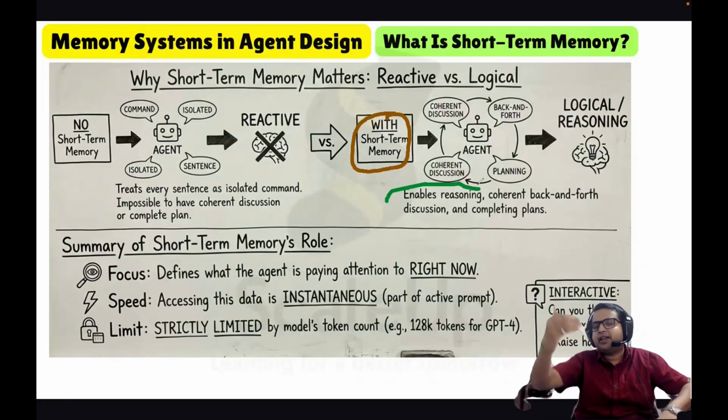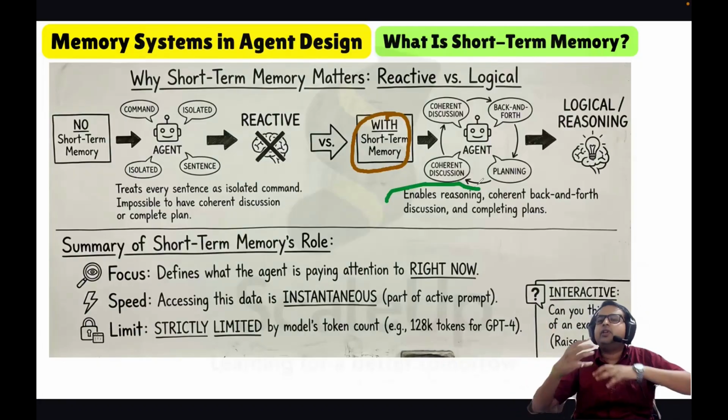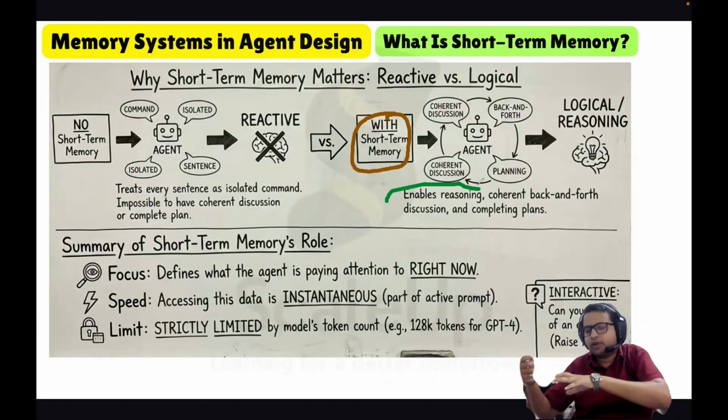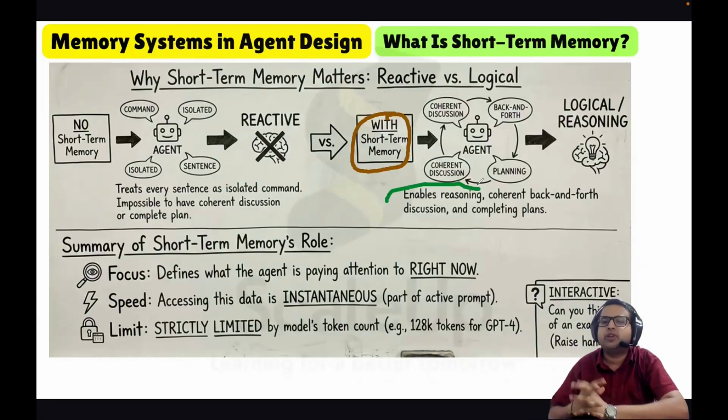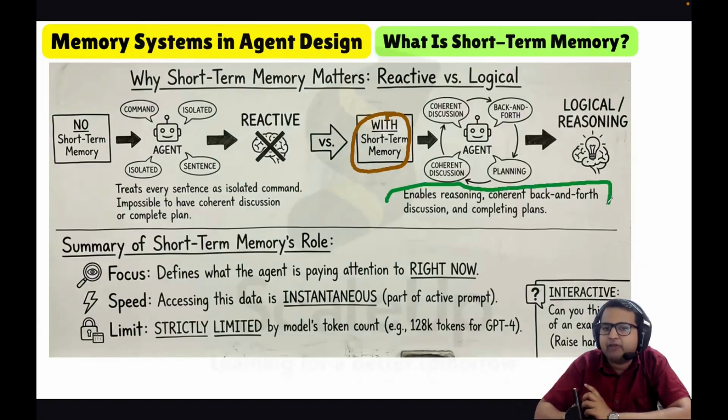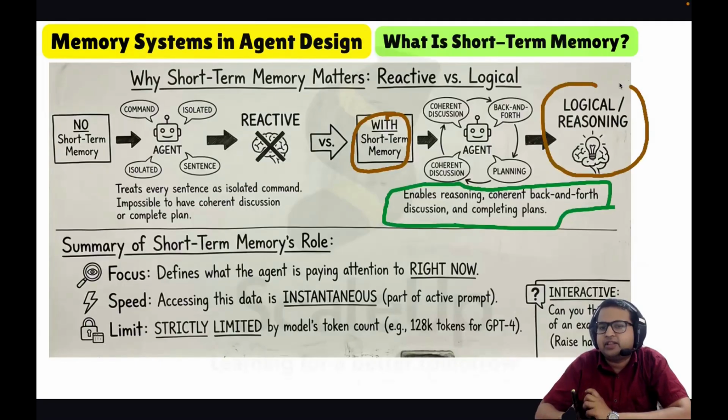Like in a multi-step task, it will remember the responses of the previous steps, and while processing the current step, it will make use of those previous responses as well. Short-term memory enables reasoning, coherent back and forth discussion, and completing plans. So with short-term memory, our agentic AI system will become logical and reasoning. So this is the importance of short-term memory.